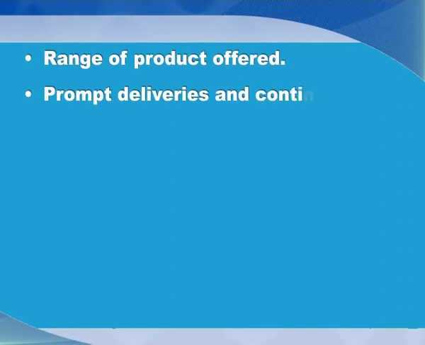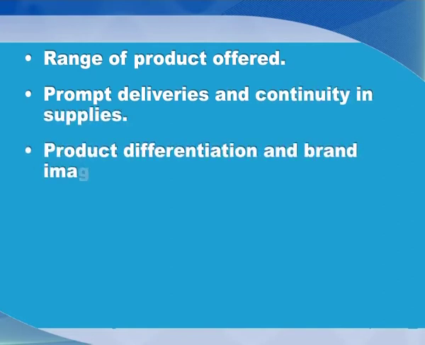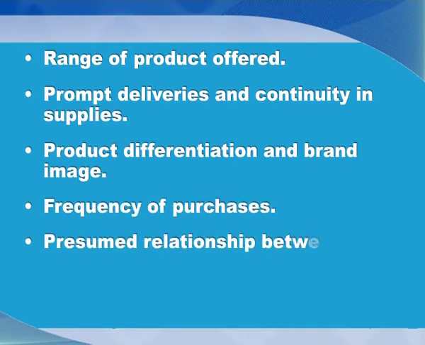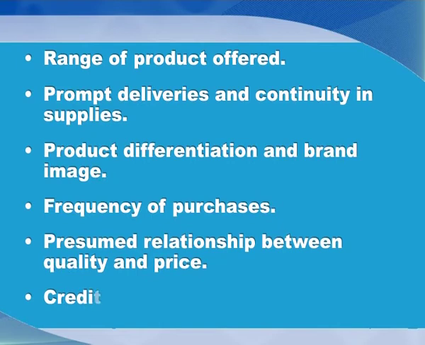Exporters can still be competitive with higher prices, with better delivery packages or added advantages. Following are a few examples of such factors: range of products offered, prompt deliveries and continuity in supply, product differentiation and brand image, frequency of purchase, presumed relationship between quality and price, credit offered.